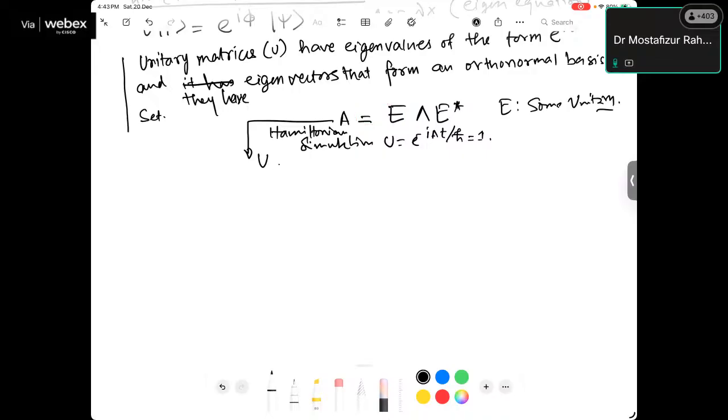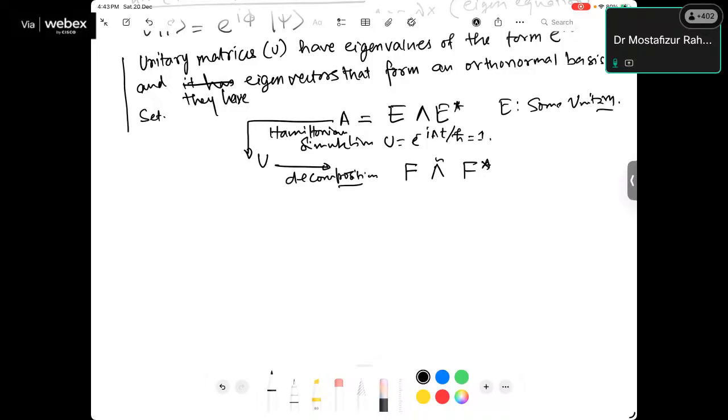So this U, if you do mathematical decomposition, suppose you get a decomposition of, say, F lambda tilde F star.